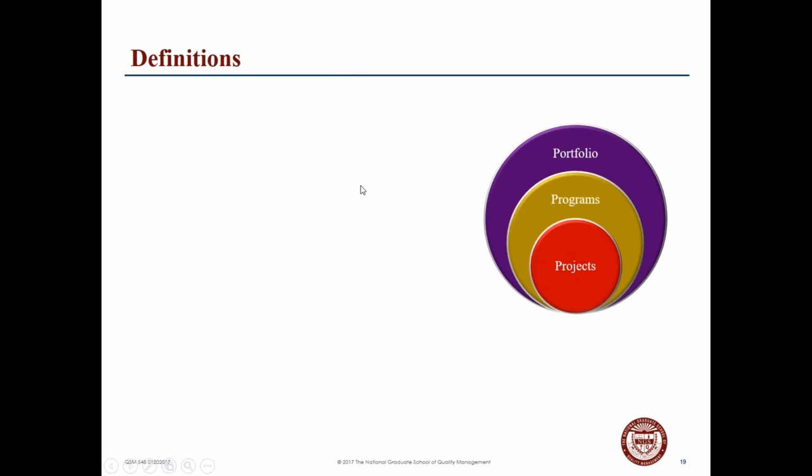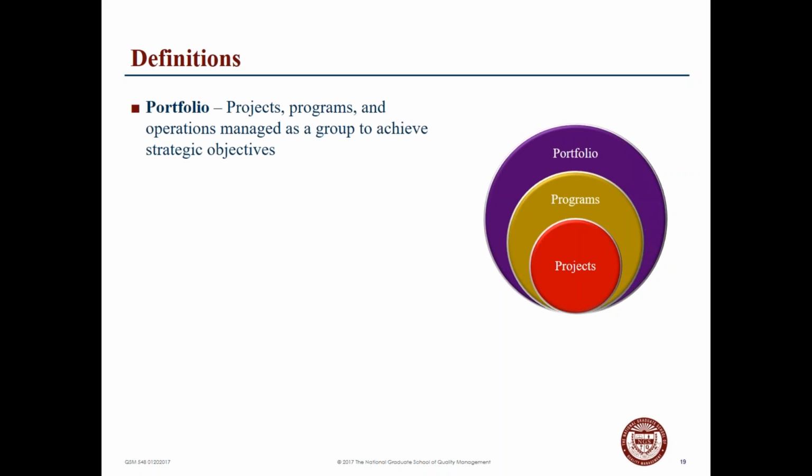So let's look at a few definitions of some key terms in the PM world. When we're looking at a portfolio, this is a bigger scope, a broader look at the various types of projects and programs that are there to achieve strategic objectives. So the portfolio is more of a strategic view of the work and effort being done.